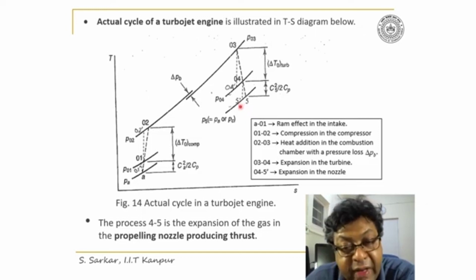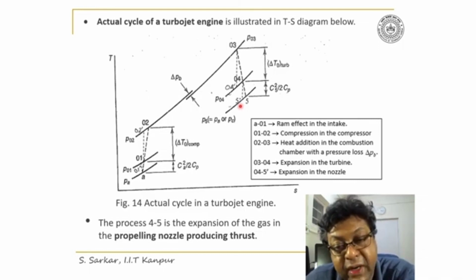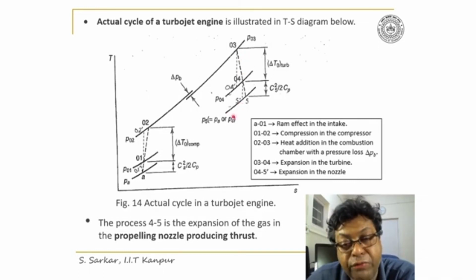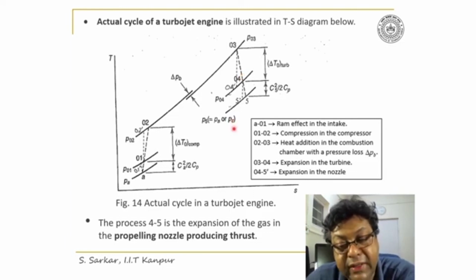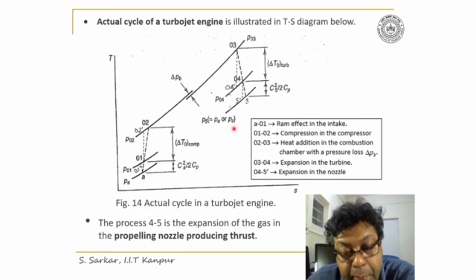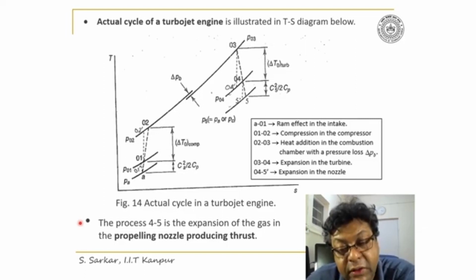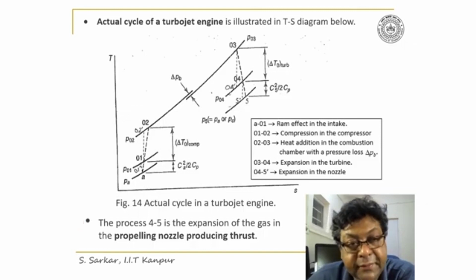And 5 dash indicates the state point of the isentropic expansion. So 04 to 5 dash is the corresponding isentropic expansion in the propelling nozzle. Thus, the process 4-5 here is the expansion of gas in the propelling nozzle, producing the thrust of the engine.